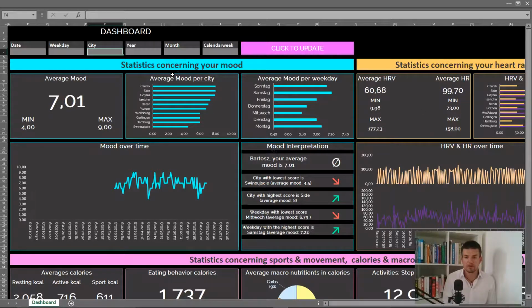Let's take a look at the blue color coding, at my mood over time. What happened? Well, mood over time, mood per city, mood per weekday. Those are my KPIs I try to use in order to understand when my mood is high, when my mood is low. What I did is I used iMood Journal in order to track my mood on a scale of I think 0 to 10, but I did not type in 0 at any point.